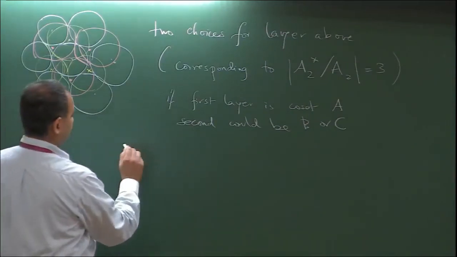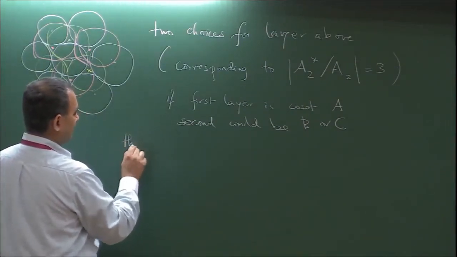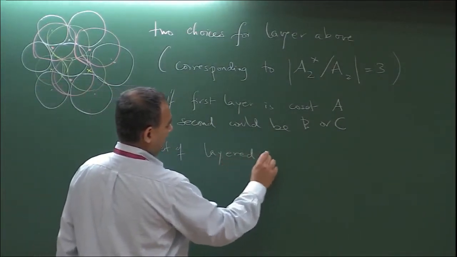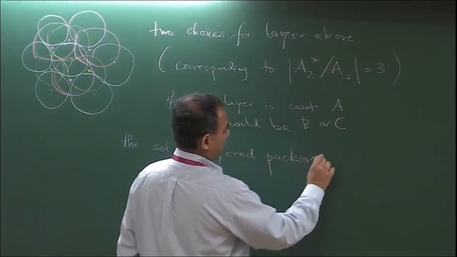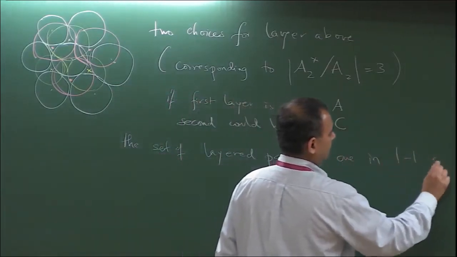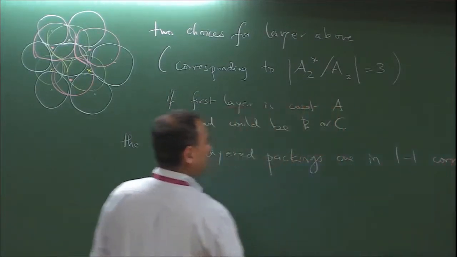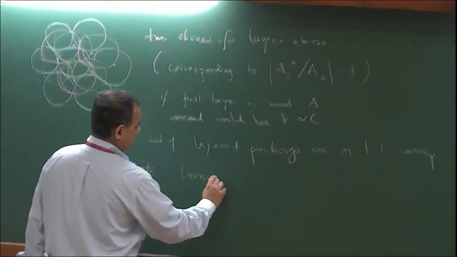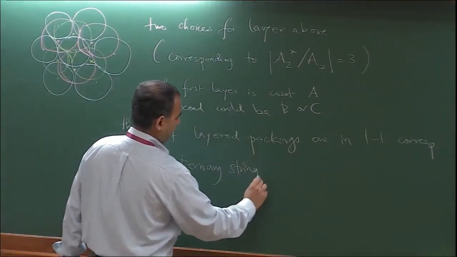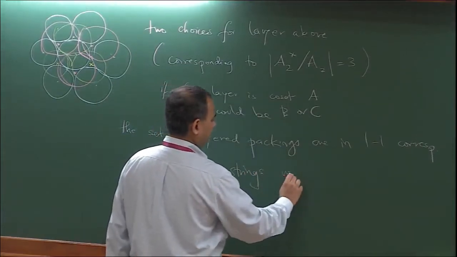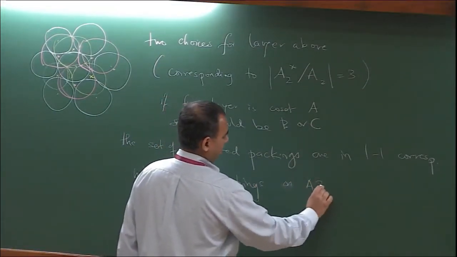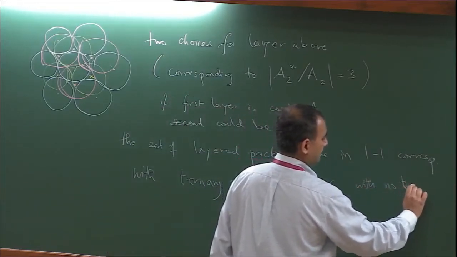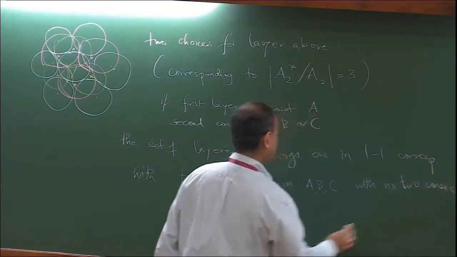So these packings, this set of layered packings, are in 1-to-1 correspondence with ternary strings on these letters A, B, C with no 2 consecutive letters being the same.